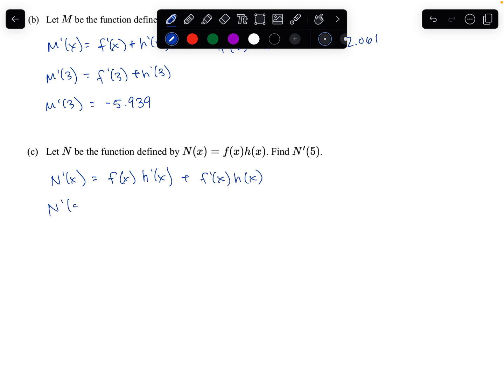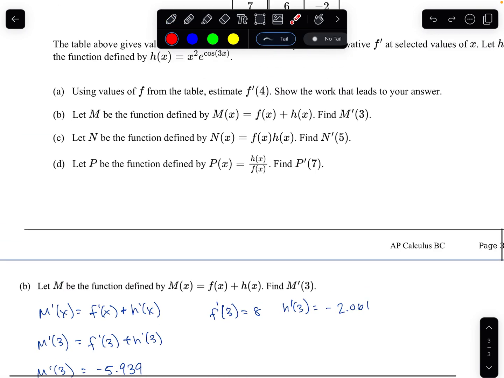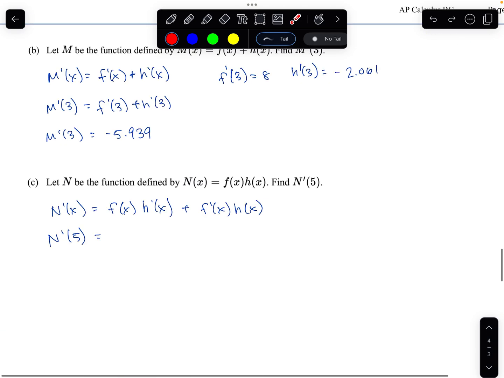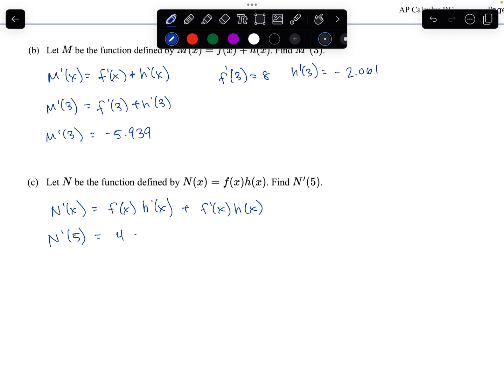We want n prime of 5. So f of 5 is equal to 4. So this is going to be 4 times h prime of 5. Let's find out h prime of 5.